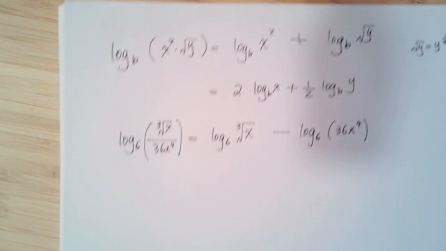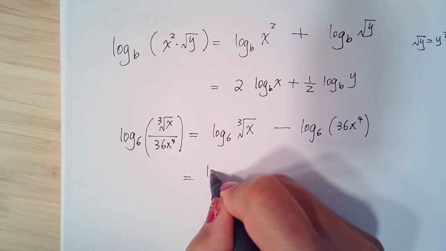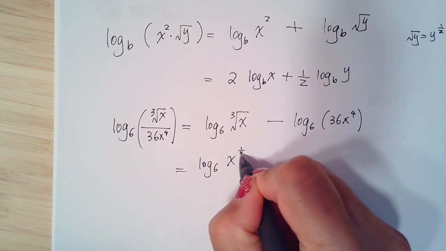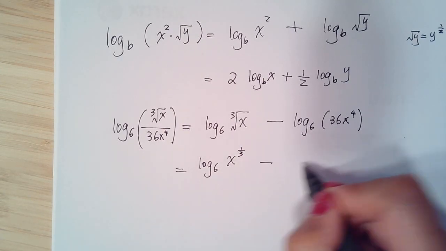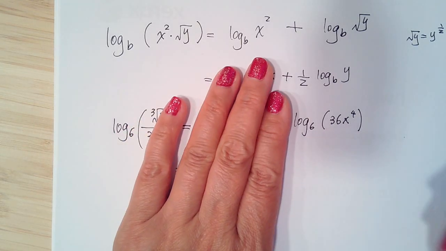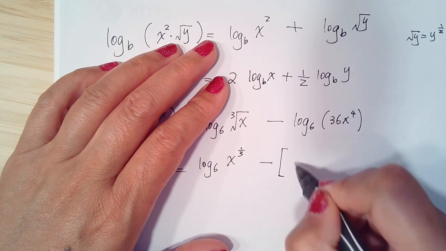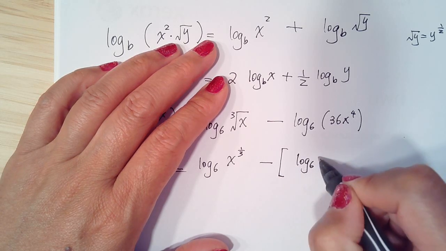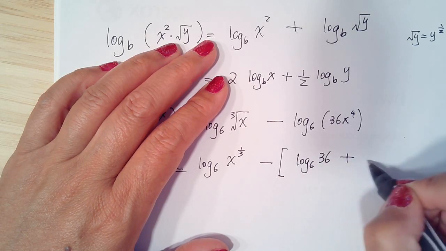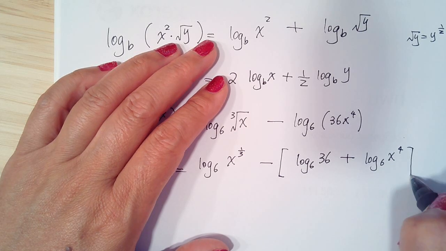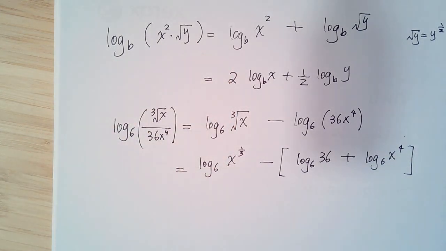And then I rewrite this as x to the 1/3, minus, and after this minus, you see that's a log of a product, so that will be log 6 of 36 plus log 6 of x to the 4th. So we're changing this product into the sum of two logs.